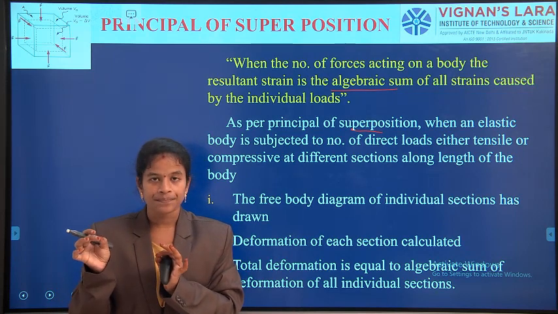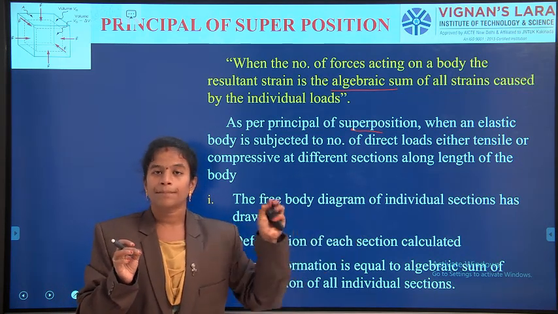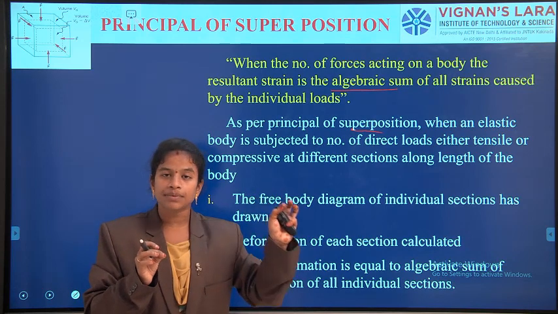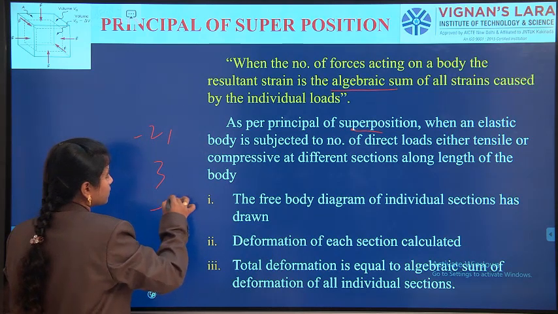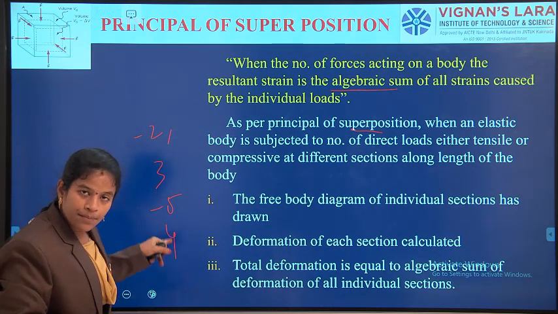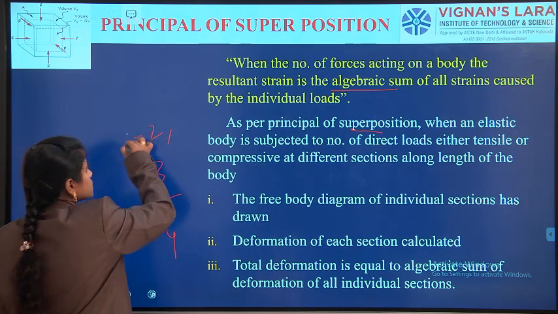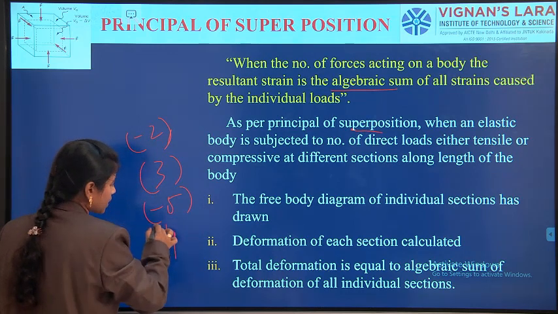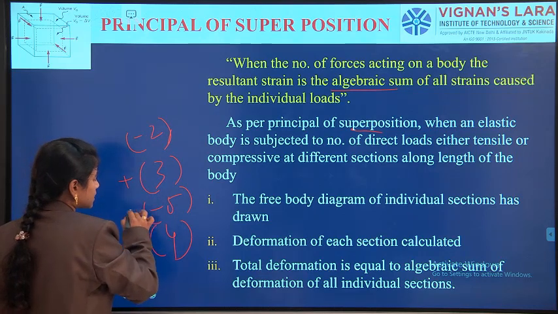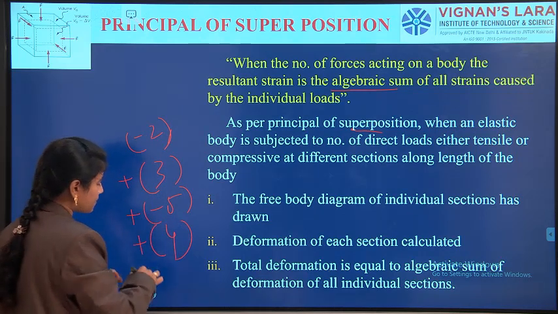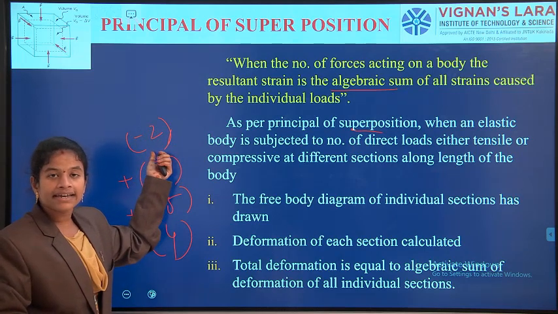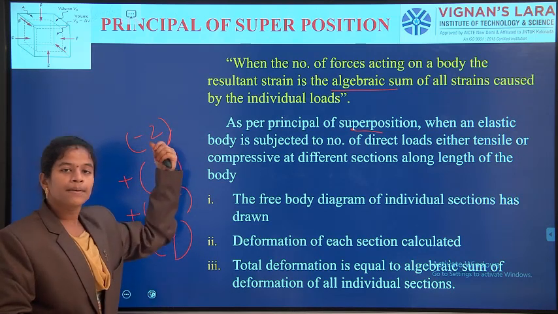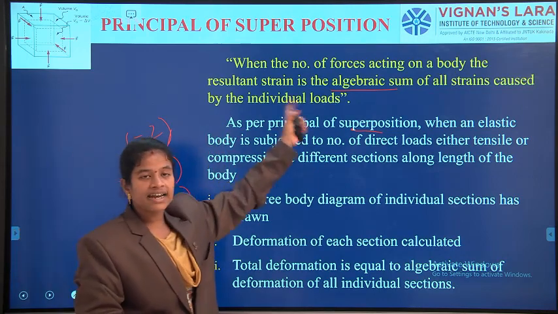Generally we write summation, but algebraic sum means, for example, minus 2, 3, minus 5 and 4: we add all these values along with their signs. So minus 2 plus 3 plus minus 5 and plus 4. Algebraic sum gives priority to the sign of each strain value, and the algebraic sum of the particular strains is the resultant strain.